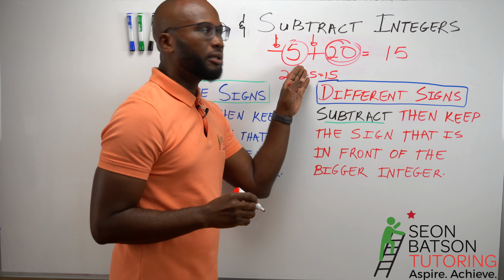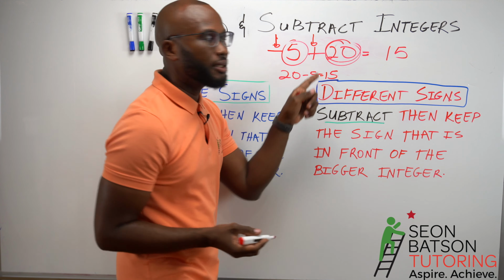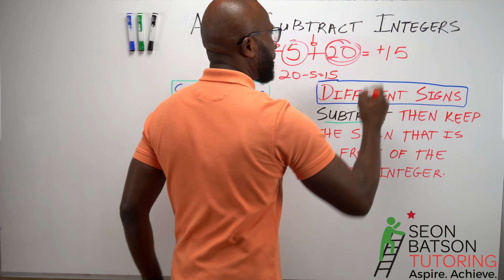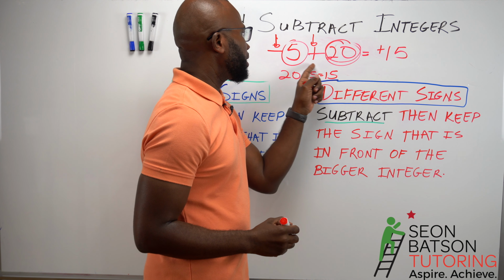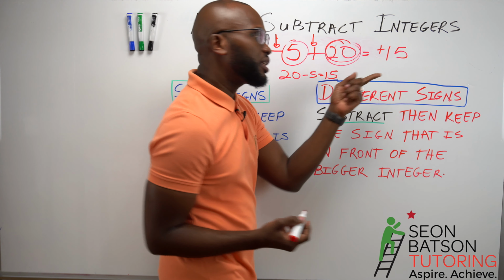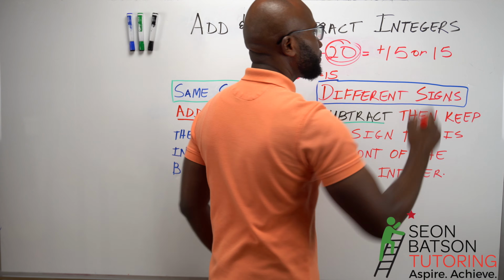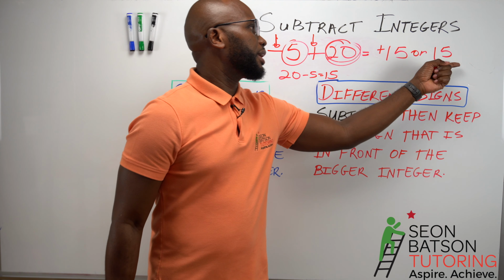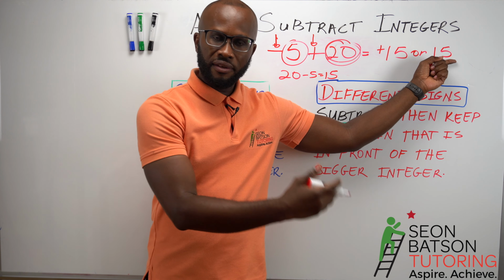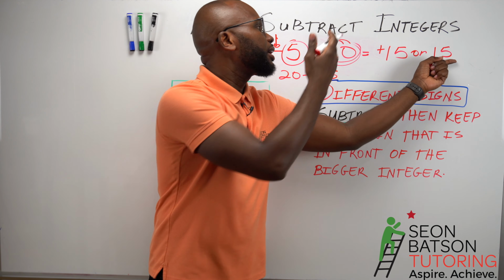And the sign in front of the 20 is a plus sign or a positive sign. So I must keep the positive sign in my answer. So negative 5 plus 20 is positive 15, or I can put just 15. Because when the integer is positive, we don't have to write back the positive sign or the plus sign in front of the integer.